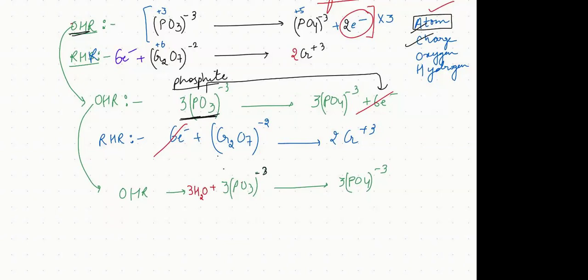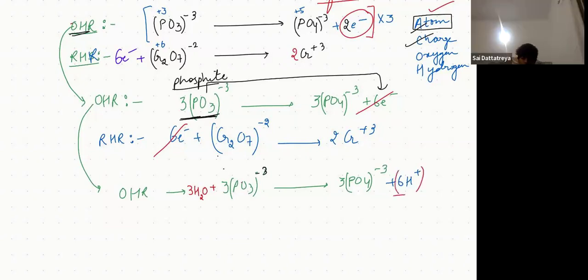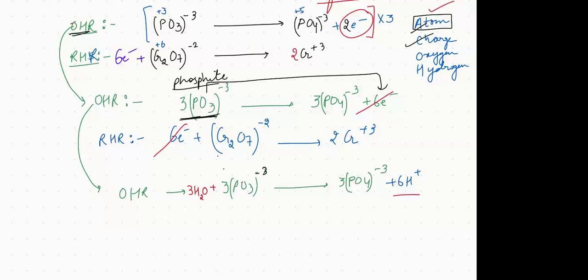And because you have introduced water, I would say 6H plus. You understand my point? So you have balanced oxygen and you have balanced hydrogen in this particular oxidation half reaction.